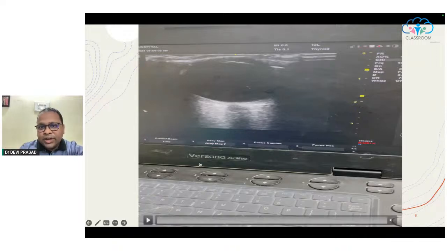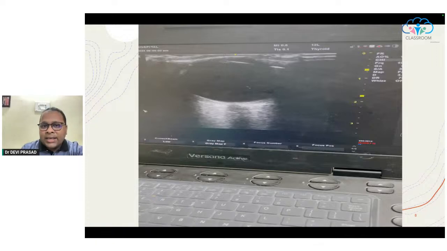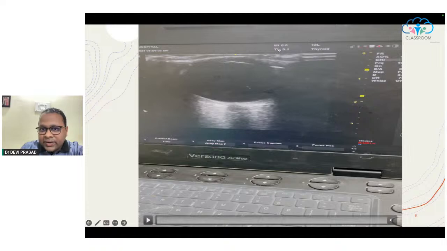before insonating this, we have to follow the principle of ALARA, which is used in radio diagnosis, as low as reasonably achievable. For that, we have to decrease the MI, mechanical index, and the tissue index as low as possible in order to prevent the radiation or ultrasound induced detrimental changes which can happen to sensitive structures like the cornea or lens.